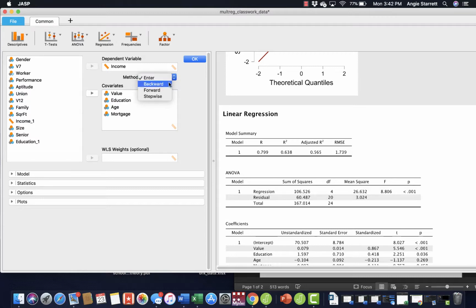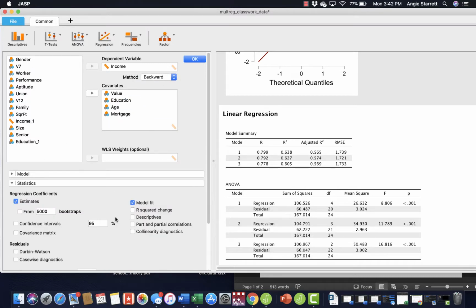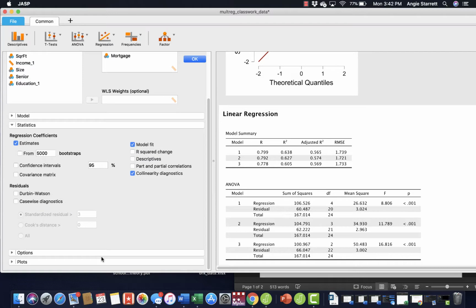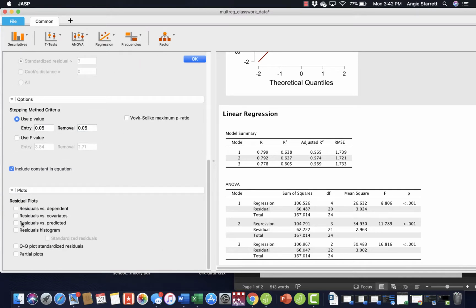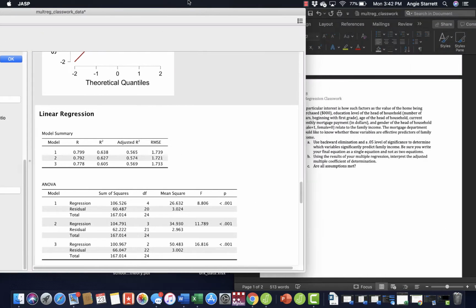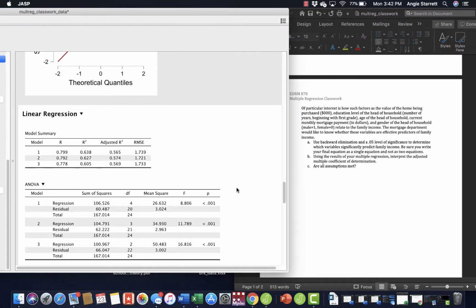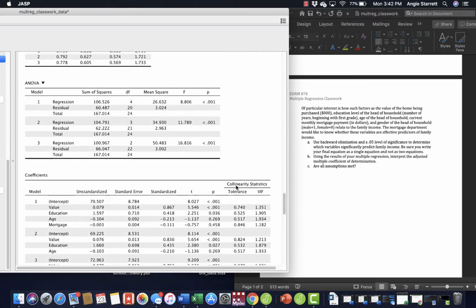And we're going to change our method to backward. Under statistics, we check collinearity diagnostics. Under options, we change our removal to 0.05. And under plots, we check residuals versus predicted and QQ residuals. Okay, so again, it looks like we ran 3 iterations.